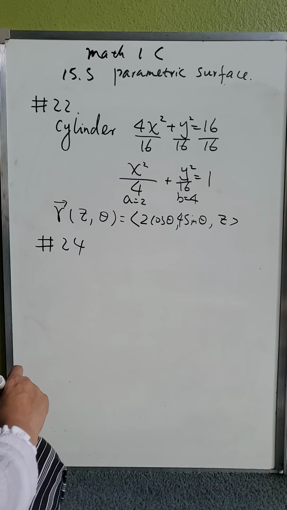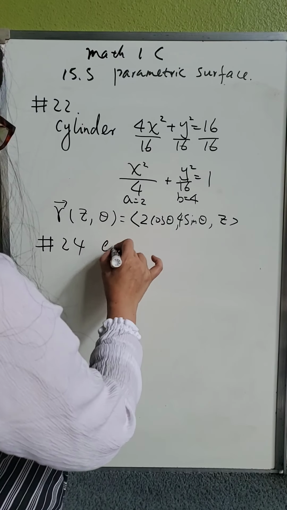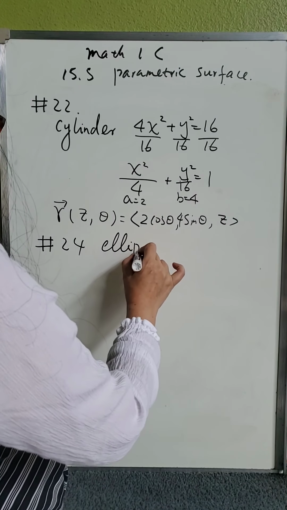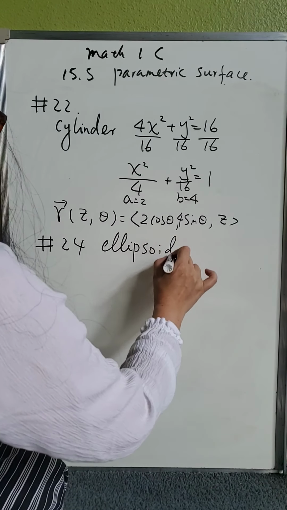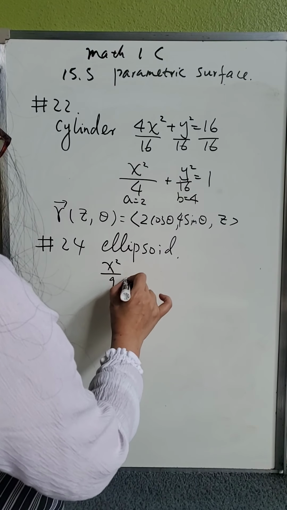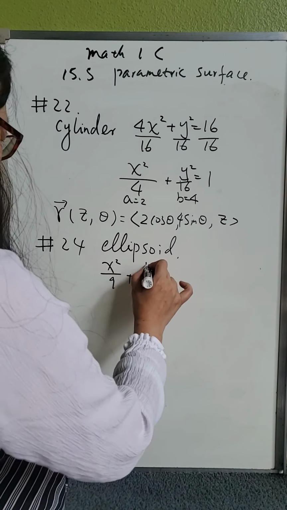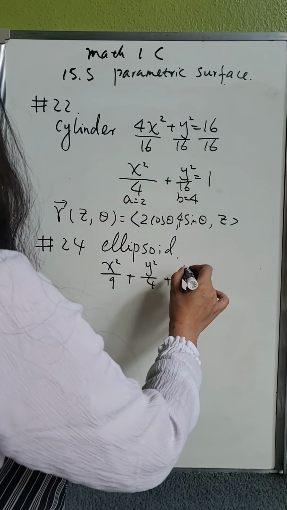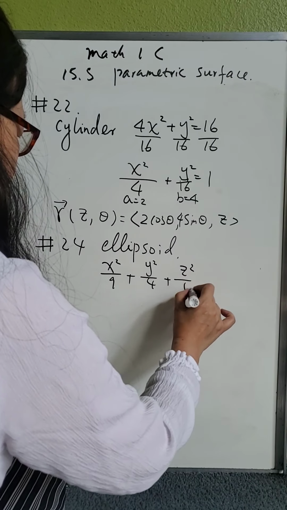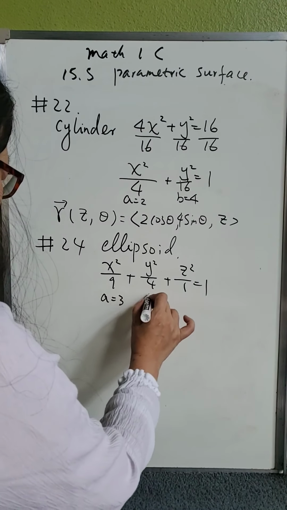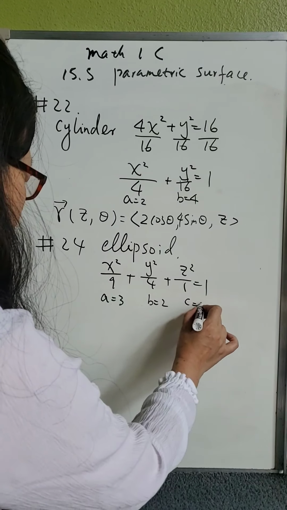Number 24, ellipsoid. This ellipsoid is made up by x squared over 9 plus y squared over 4 plus z squared over 1 equals 1. So you can see a is equal to 3, b is equal to 2, c is equal to 1.